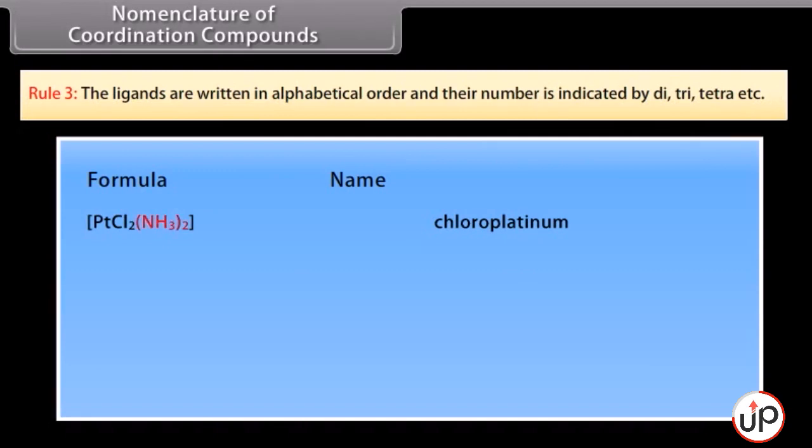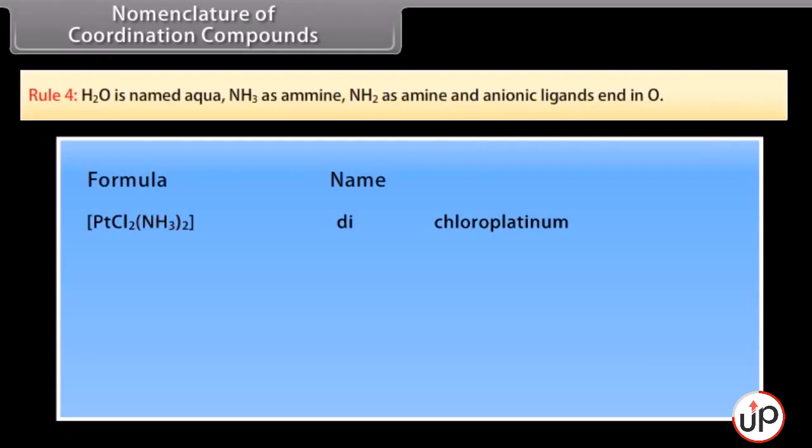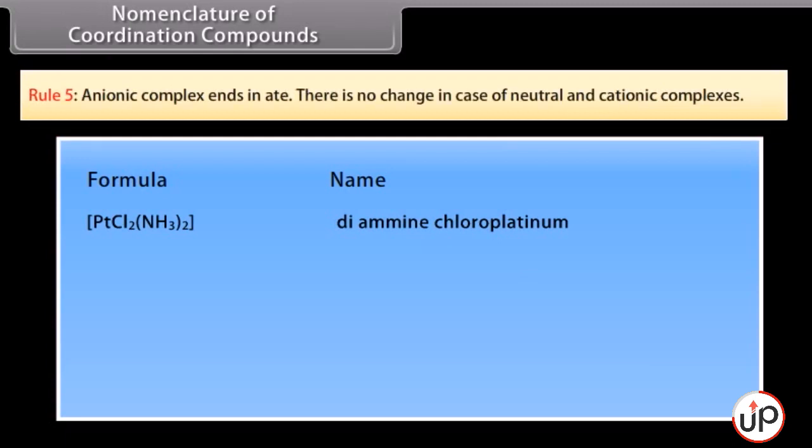The ligands are written in alphabetical order and their number is indicated by di, tri, tetra, etc. Rule 4. H2O is named aqua, NH3 as ammine, NH2 as amido, and anionic ligands end in O. Rule 5. Anionic complex ends in ate. There is no change in case of neutral and cationic complexes.